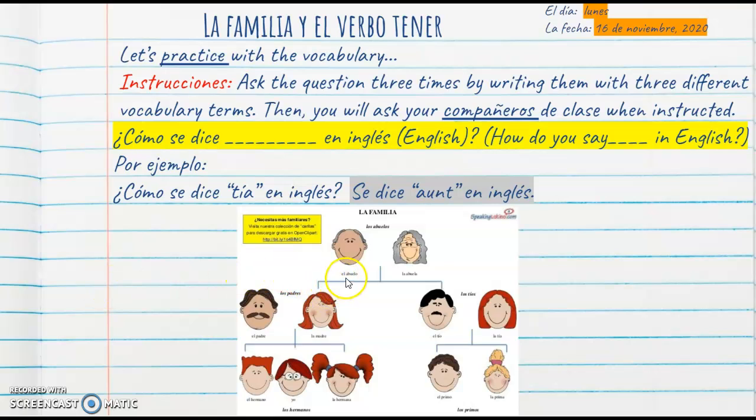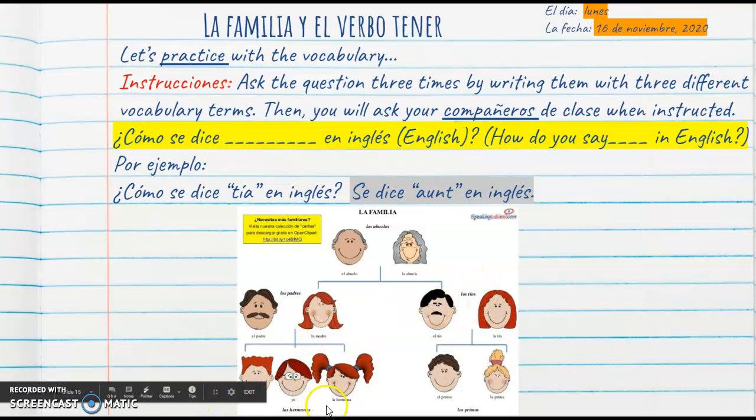We'll start off with el abuelo and la abuela, which together they are los abuelos. Then we have el padre and la madre, which together they are los padres. Then we have el tío, la tía, which together are los tíos.